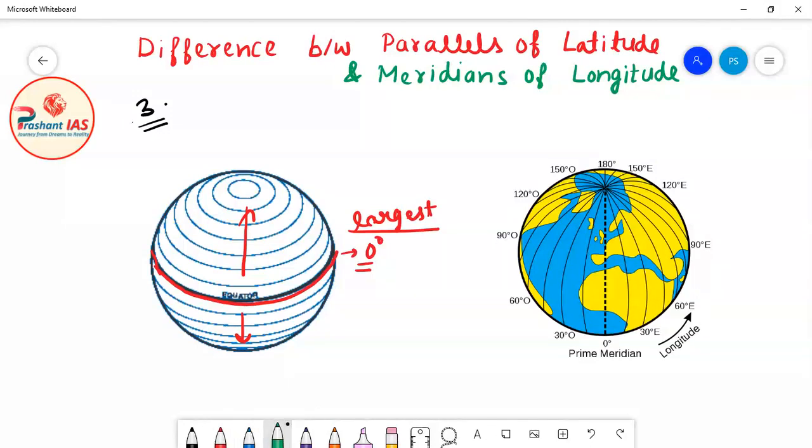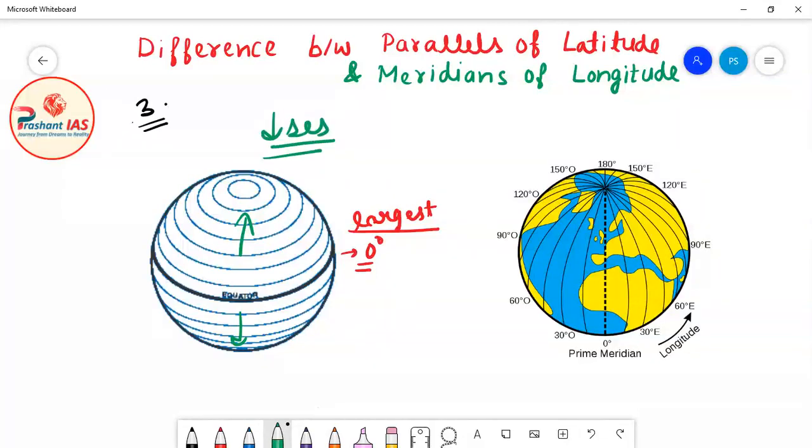You can see that these latitudes are smaller than the equator, this one is further less in length, this is further less, and this is even less in length. So as one moves from the equator to either pole, the size of latitudes decreases.